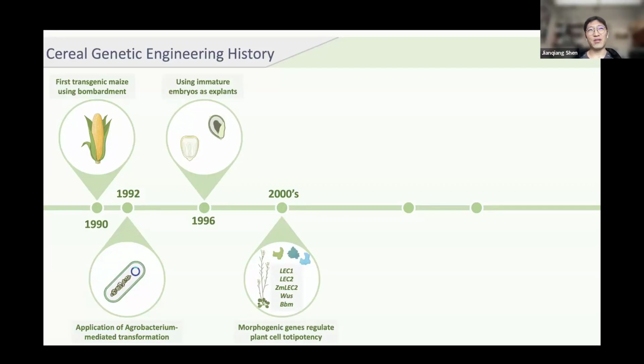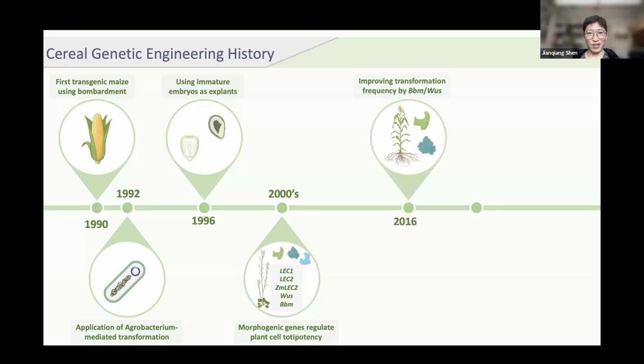A group of basic researchers found that morphogenic genes regulate plant cell totipotency, including Baby Boom and Wuschel. It took about 15 years to get it to work in maize transformation, by Bill Gordon-Kamm at Corteva.